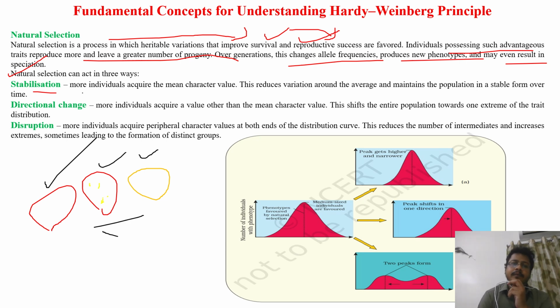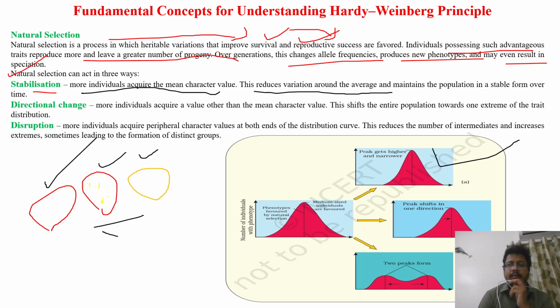In this type of natural selection, more individuals acquire the mean character. This reduces variation around the average, which is in between these two, and maintains the population in a stable form over time. So extremes are reduced in these populations and the average is favored.